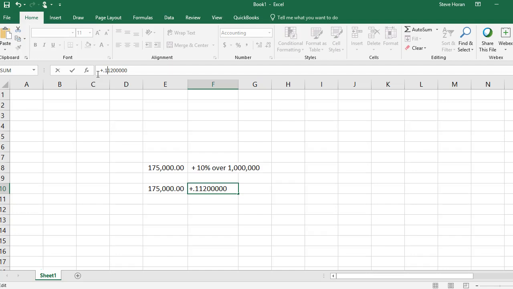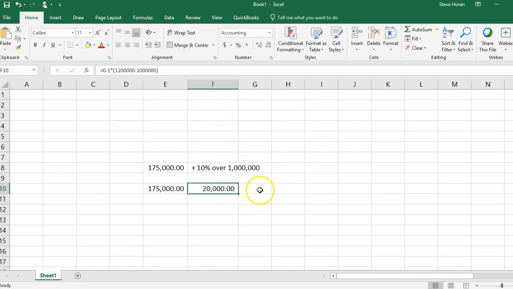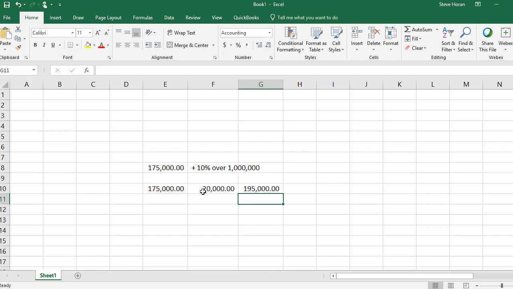So I'm going to say 0.1 multiplied by $1.2 million minus $1 million. That gives 20,000. So the sum of the two is what we're allowed to do, 195. The lobbying non-tax amount is 195, so that's the amount we can do free of tax.